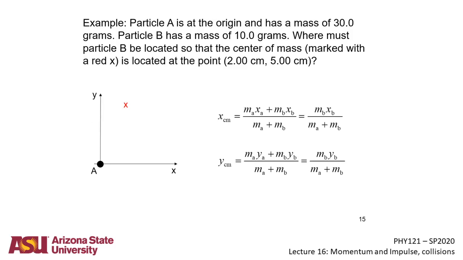So, for example, particle A is at the origin and particle B is somewhere. Where must particle B be located so that the center of mass, marked with an X, is at the point (2, 5)?